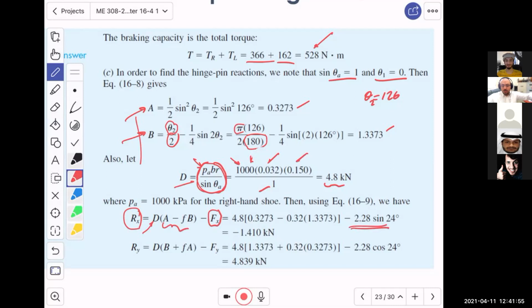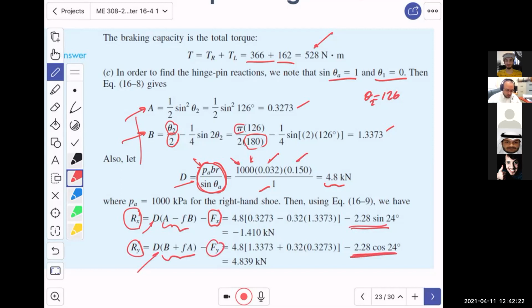You remember when I told you the actuating force, you have to resolve it based on the coordinate system, which is inclined by an angle of 24 from the y-axis. Yeah. And then Ry is going to be equal to D multiplied by this factor. A, you know it. B, you know it. F, you know it. And Fy is actually 2.28 cosine 24.